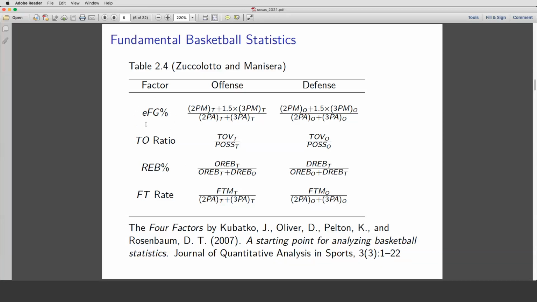but it really just takes into consideration that, well, some field goals are worth 2 points. So we should take a weighted average of your makes where, if you shoot 50% from 2-point territory, it is not as valuable as shooting 50% from 3-point territory.